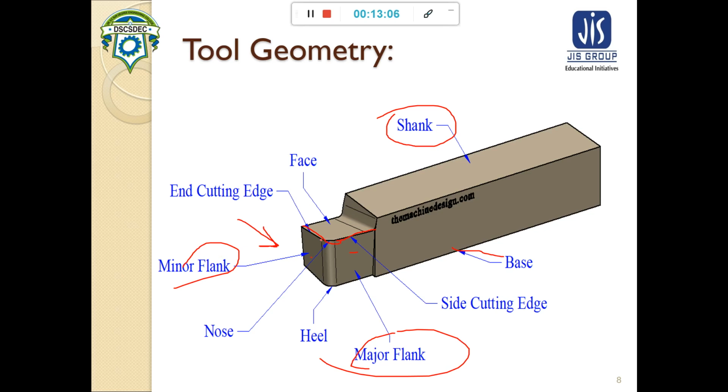This radius is known as nose, and just opposite to the nose the point is known as heel. This face is known as rake face, and this is flank. So these are the general nomenclature of the tool geometry.